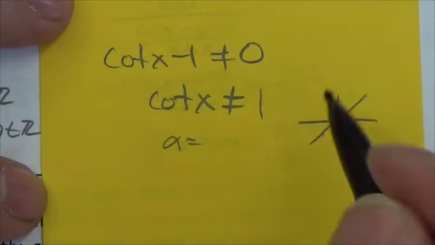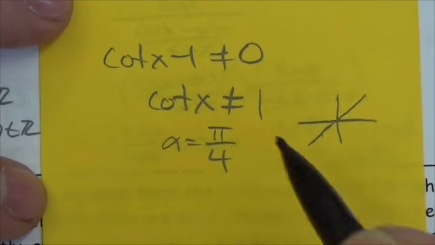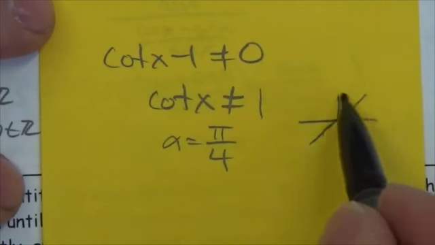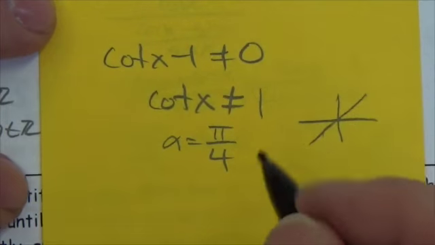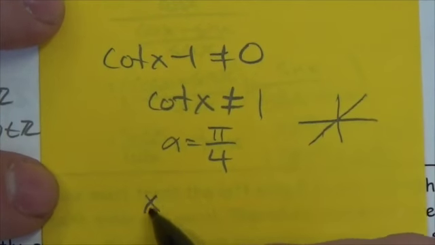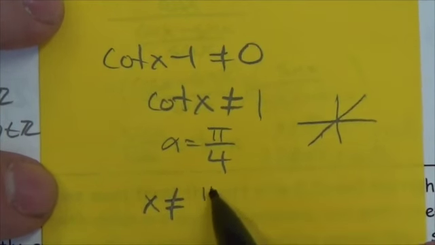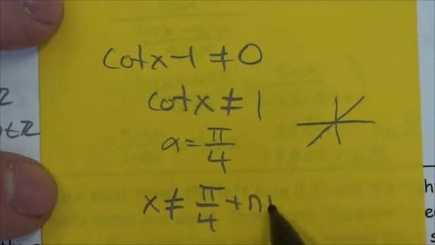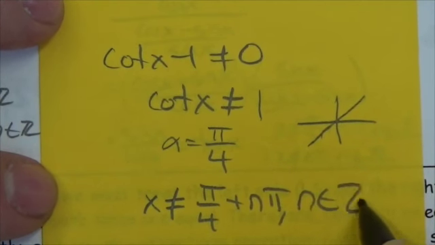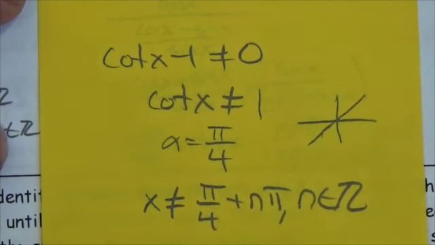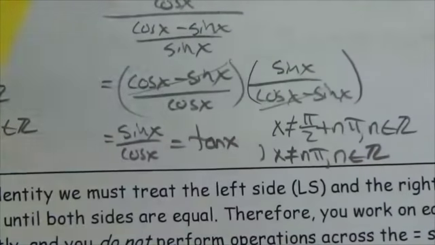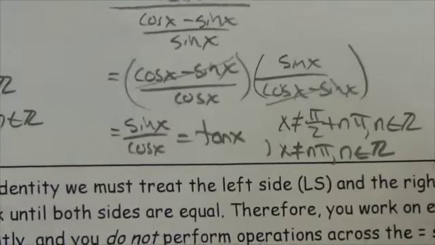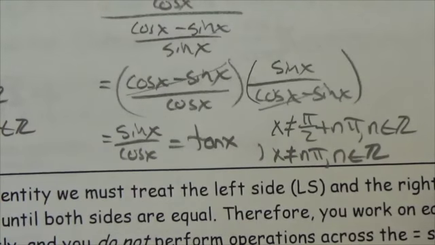I know that my reference angle here is going to be pi over 4, and I know that these things are going to differ by pi. So I'm going to state here that x cannot equal pi over 4 plus n pi, where n is an element of the integers. I can't allow that to happen, because if that happens, then the denominator goes to 0.